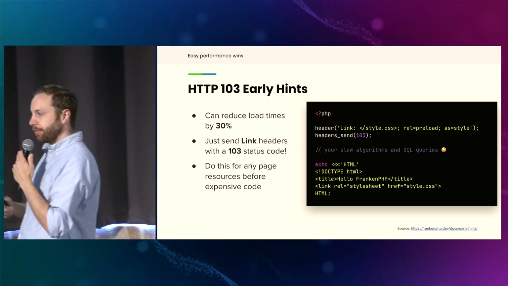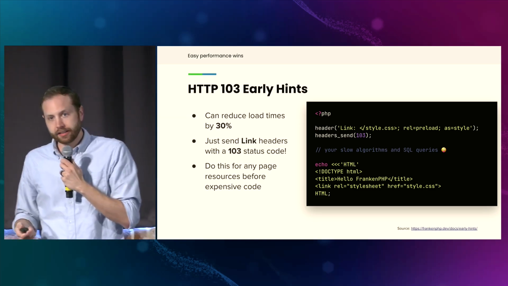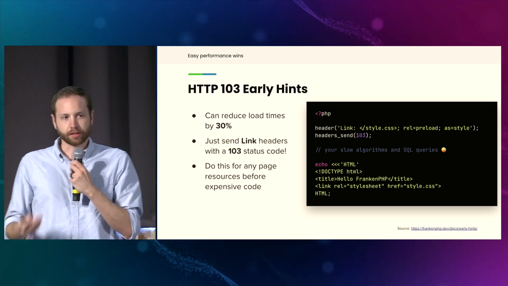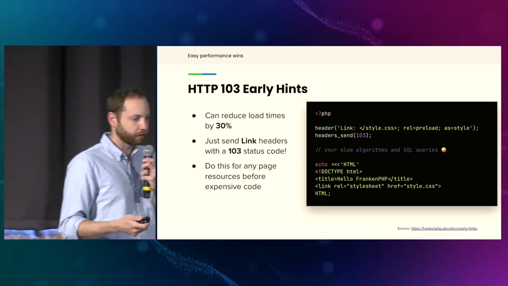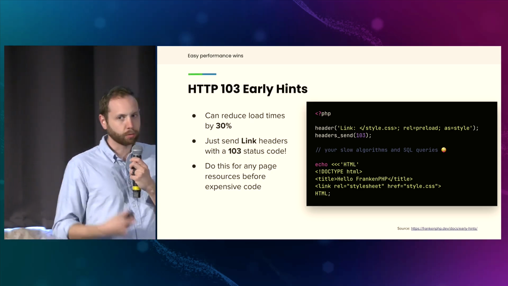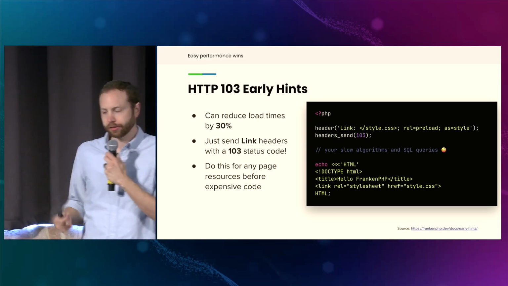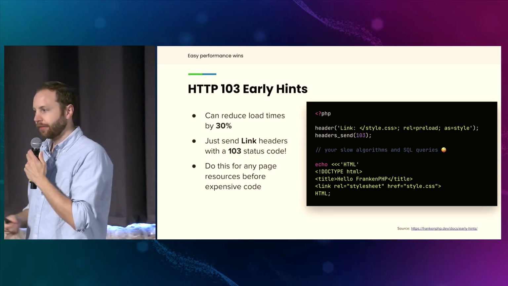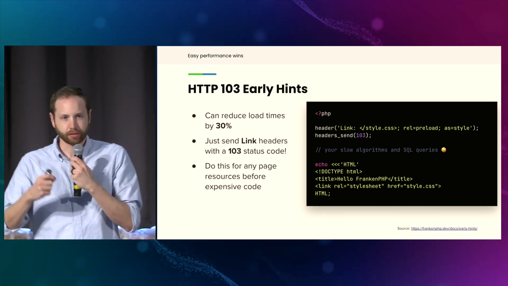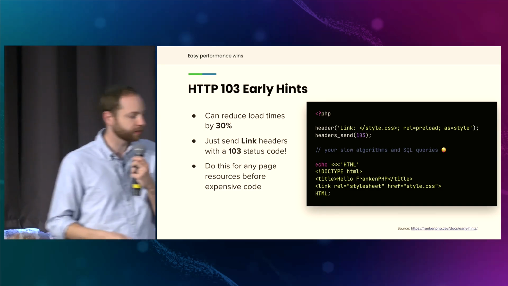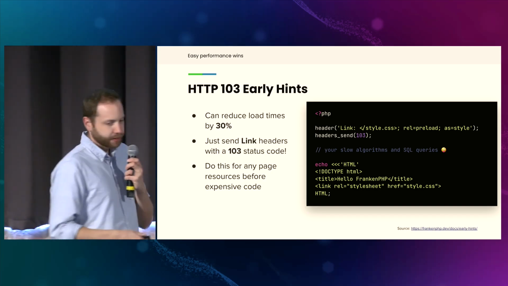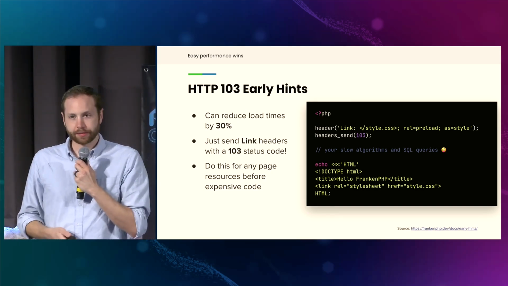So the basic idea is very simple. You send a link header before you do something slow or expensive, and it tells the browser to load that resource while you're running your PHP script, like your database queries or your algorithms. And then when you're done, you send the HTML page or the output, the API response. And so this can improve your load times quite significantly.